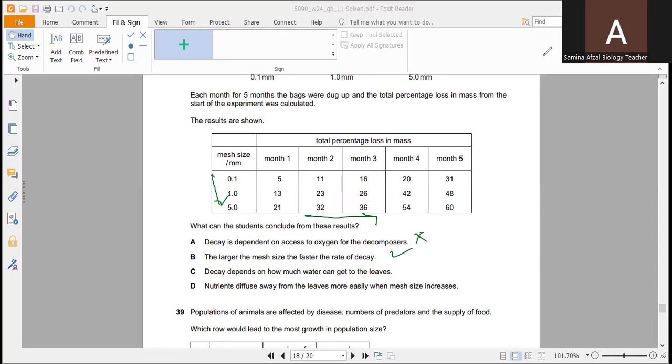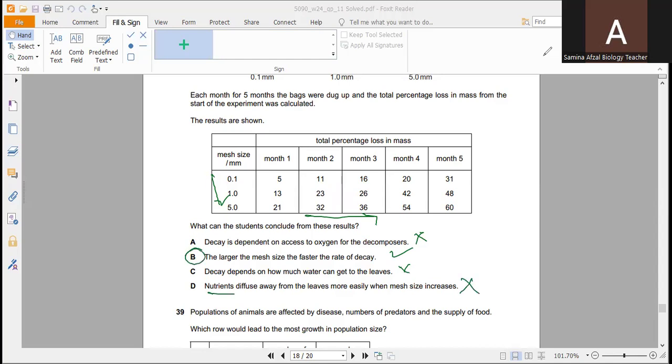Decay depends on how much water can get into the leaf. There is no data available on the water. Nutrients diffuse away from the leaves more easily when mesh size increases. Again, there is no idea about this, so this is not a correct option.